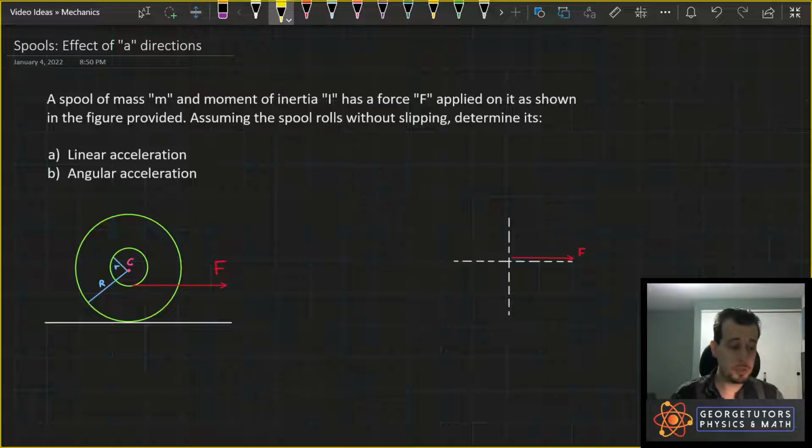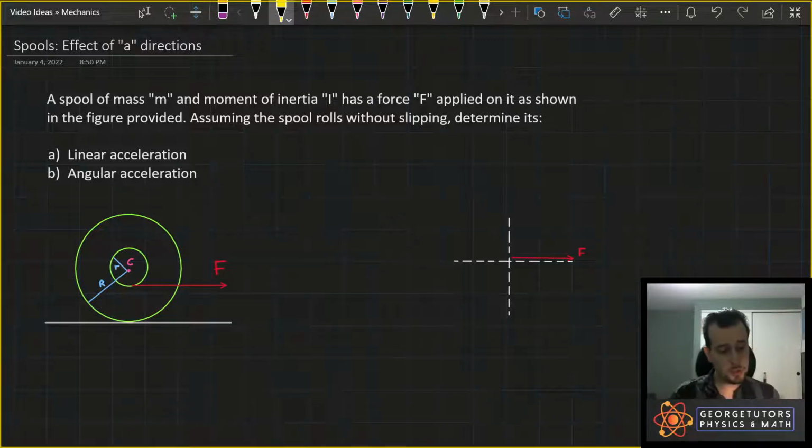A lot of the principles are going to be maintained onto this problem right here, but we're just going to see that it doesn't really matter what directions we choose for the accelerations to be correct, because we're guessing after all. I want to show that you're going to get the same result regardless of your choice, but by a factor of negative. So you'll know again if you made the correct assumption or not because of that factor of -1 appearing in your final answer, or just your answer being negative in general.